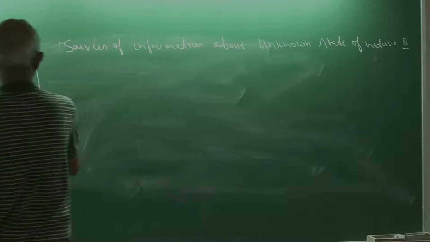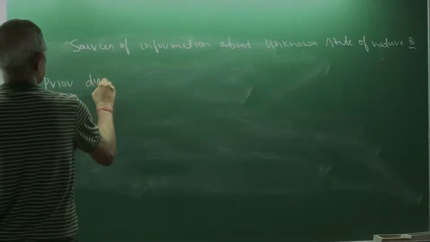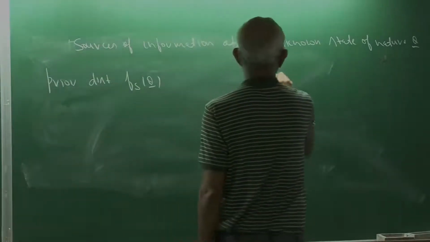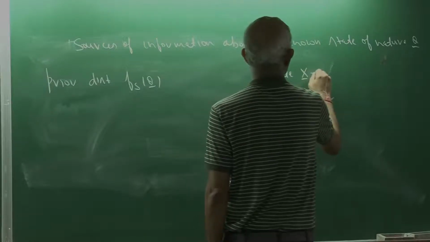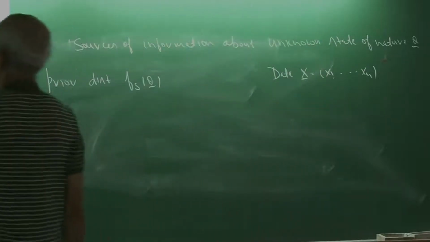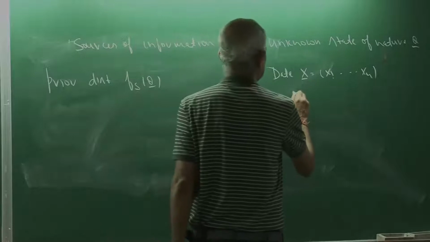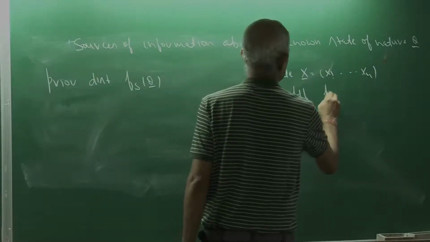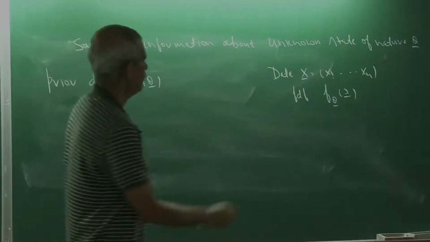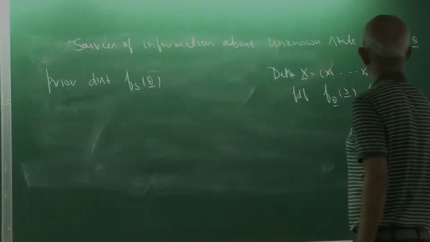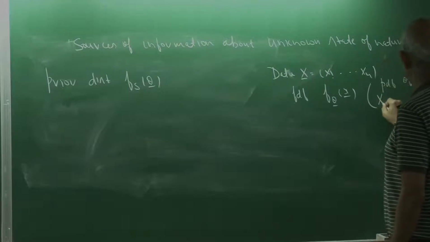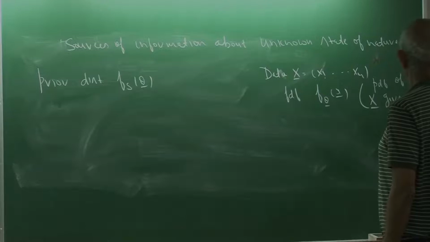One is the prior f S of theta, and then the data, which has PDF, let me call this f theta. Data. Basically, this is the PDF of x given S is equal to theta.